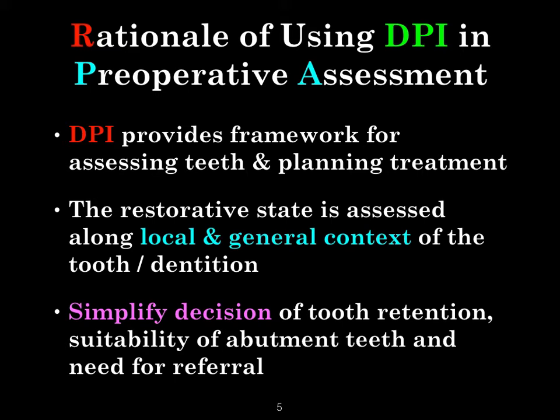And then the restorative state is assessed along the local and general context of the teeth and the dentition, and then you and the patient could make a decision that is suitable for the patient's need, to retain this tooth or to extract it.